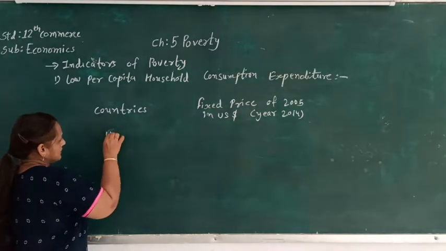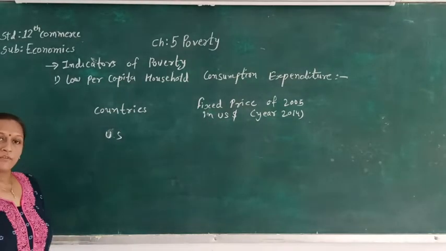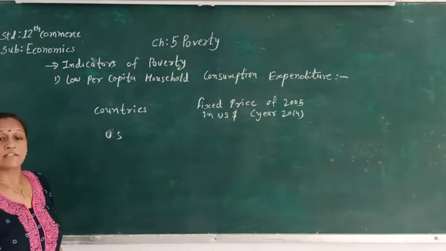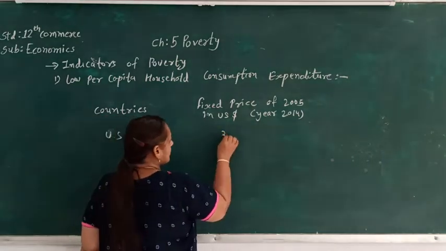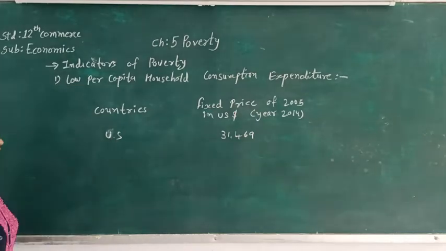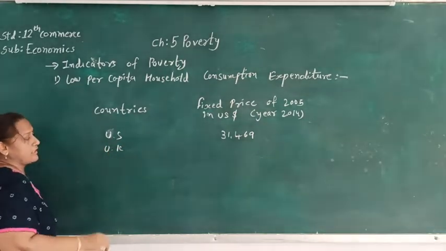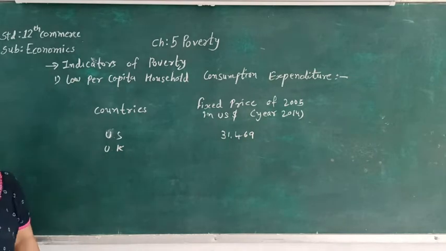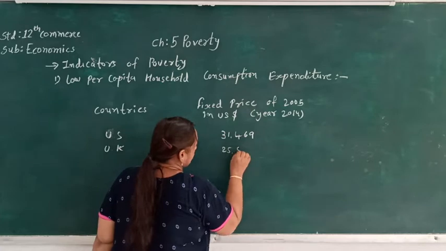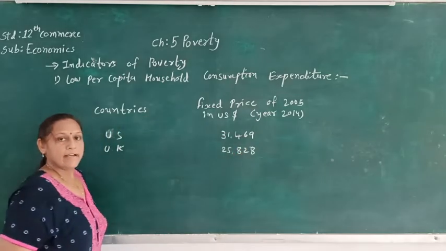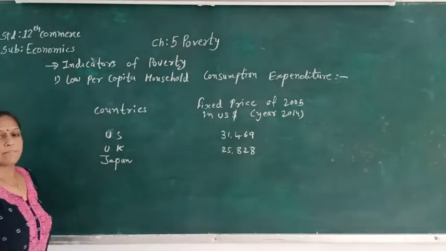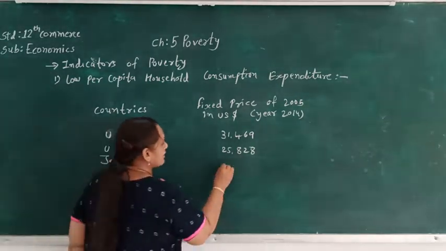For the US, the per capita household consumption expenditure is 31,469, and the other is the UK. For the UK we can see that it is 25,828, and for Japan it is 22,149.